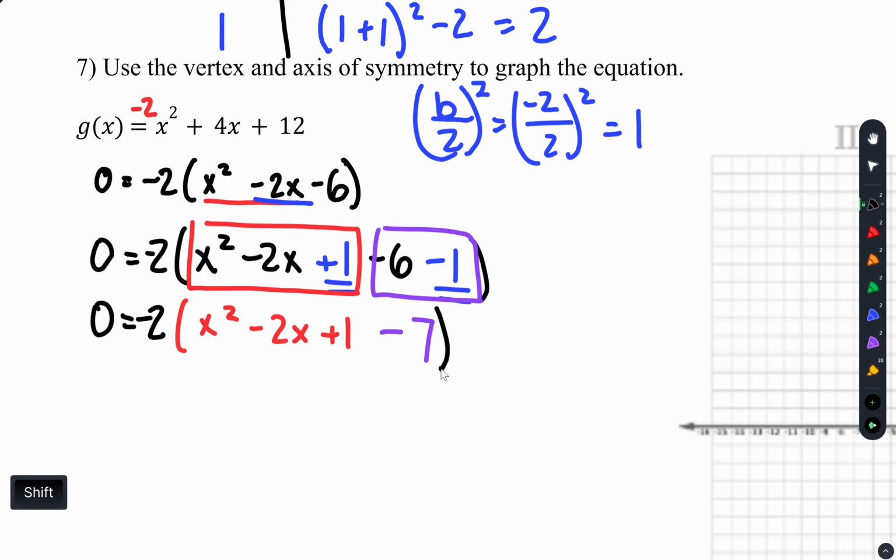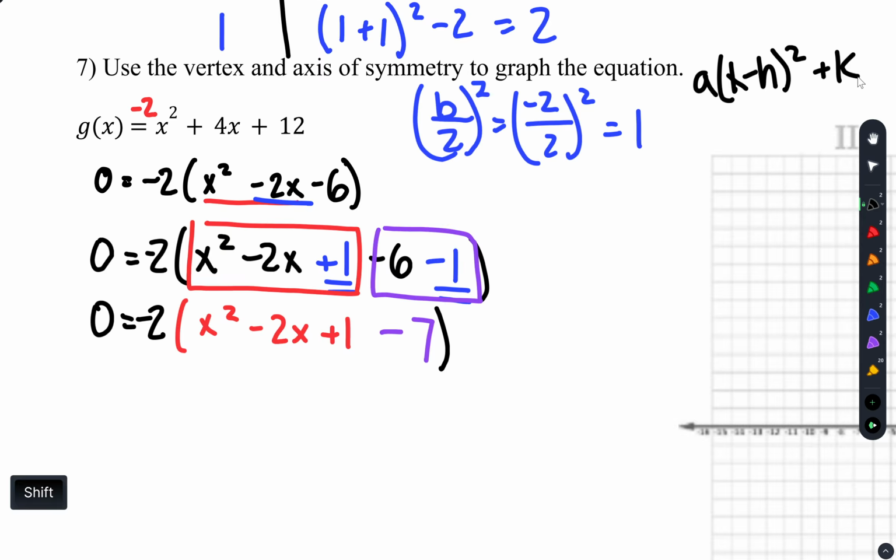If we think about the parts of our vertex form, we know that this is going to become our h value, and this -7 should be our k value, but currently it's stuck inside those parentheses. If you think about what vertex form looks like, a times x minus h squared plus k, k cannot be inside the parentheses. So we need to get that -7 out.